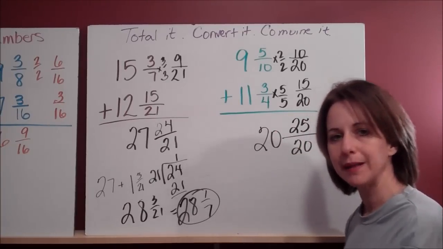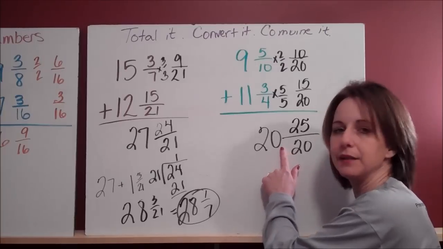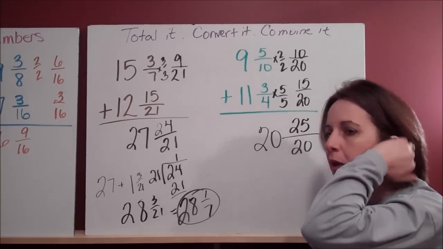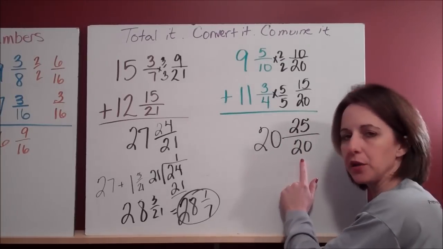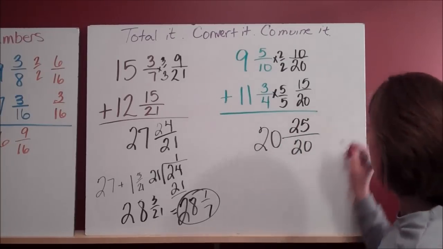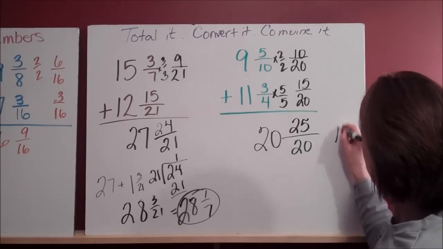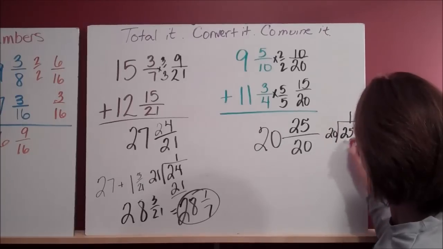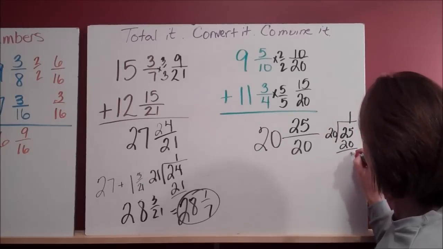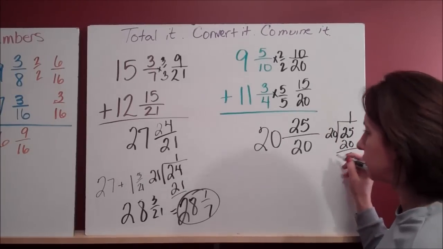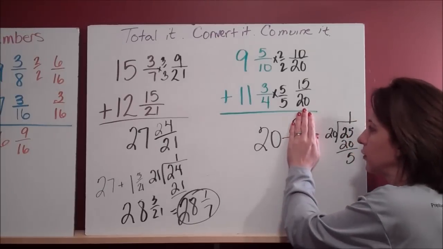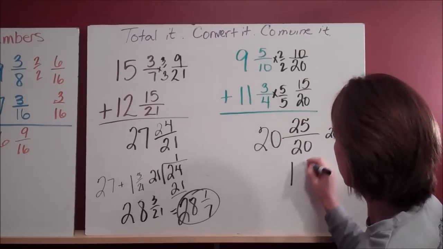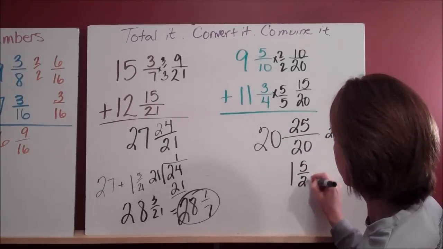So at this point, my answer says 20 and 25/20ths. Because this is an improper fraction, it has to be renamed. So 25/20ths is 1 and 5/20ths. So instead of 25/20ths, I'm going to write 1 and 5/20ths.